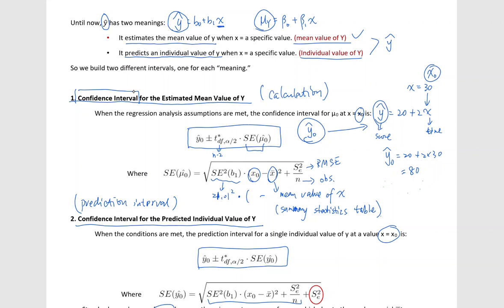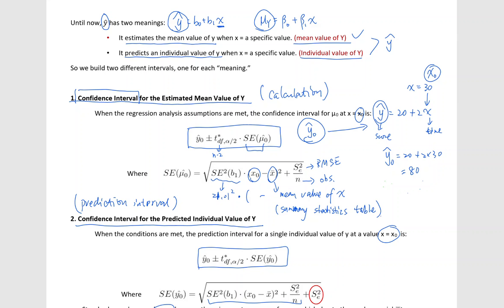First, the confidence interval for the estimated mean value of y, we just call it the confidence interval. And separately, we have the interval for the predicted individual value of y based on the x. We call it the prediction interval.